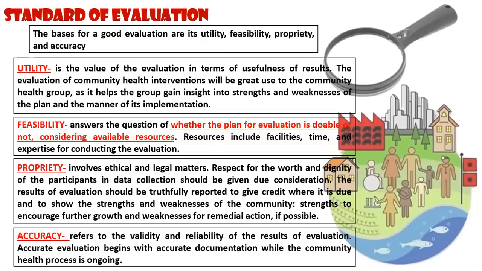And accuracy refers to the validity and reliability of the results of evaluation. So yan lang yan. Again, meron tayong UFPA, 'di ba? UFPA, utility, feasibility, propriety, and accuracy. So that's all for our final topic.